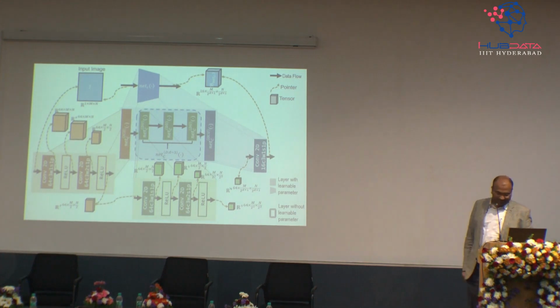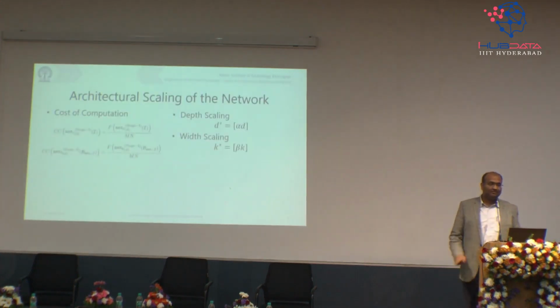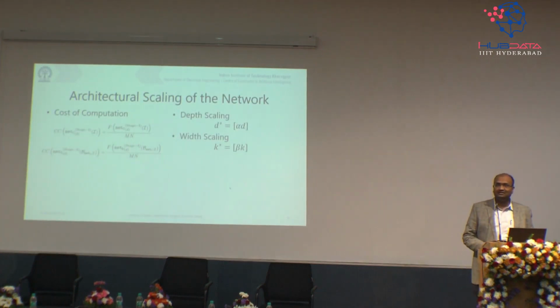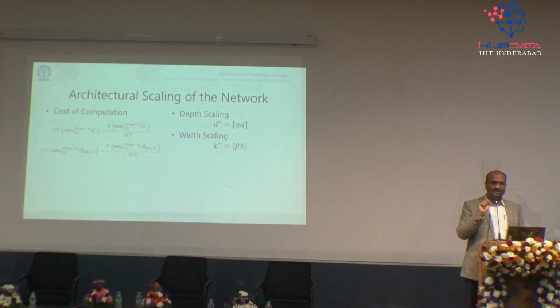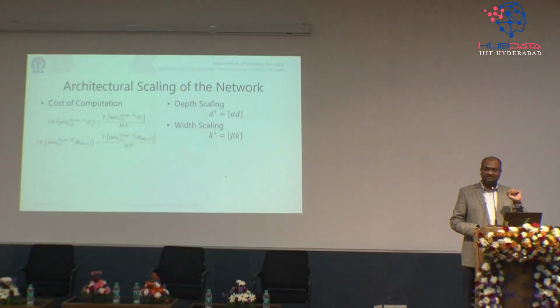So now what we decided to do is, let's design a certain factor which we call the scaling factor. First we decided to find out what my cost of computation is. Cost of computation means, for every single pixel to process, how many operations do I require? How many mathematical operations, logical operations, everything which is happening over there.